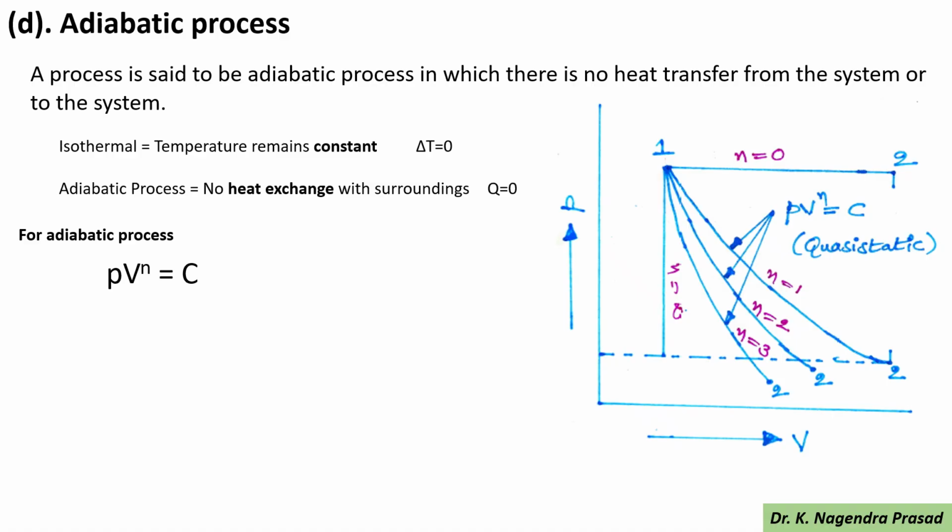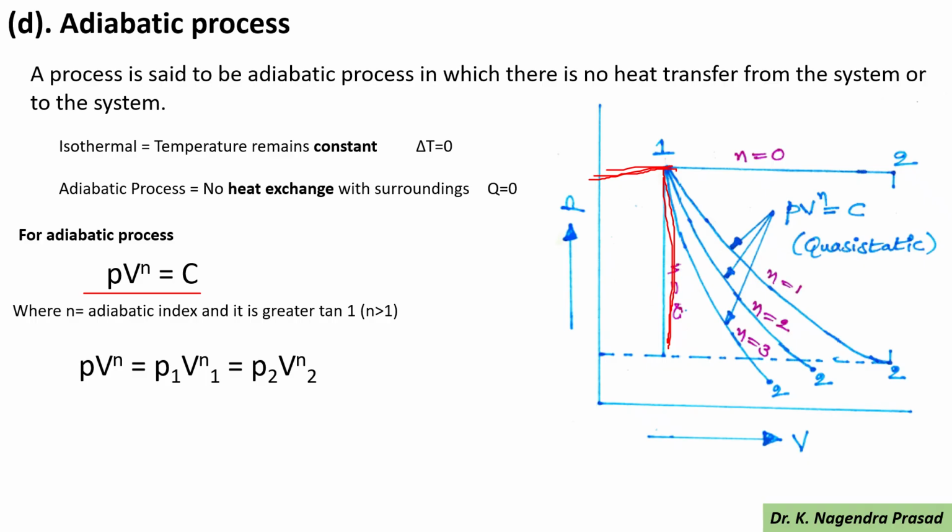When n equals 0, from this equation it becomes P equals constant, so from state 1 to state 2 pressure is constant. Similarly, when n becomes infinity, it is the constant volume process. PV^n equals constant is the adiabatic process, where n is the adiabatic index and it is greater than 1.